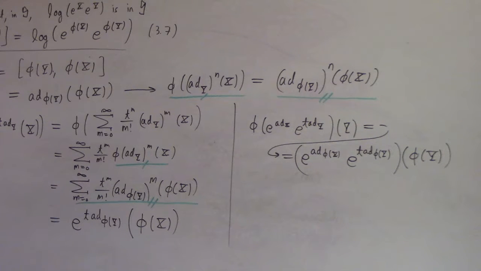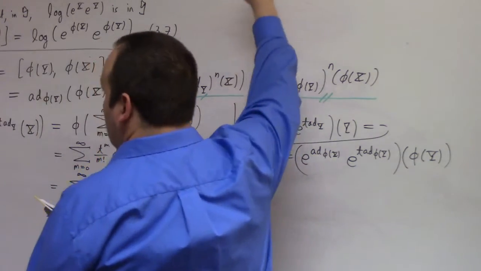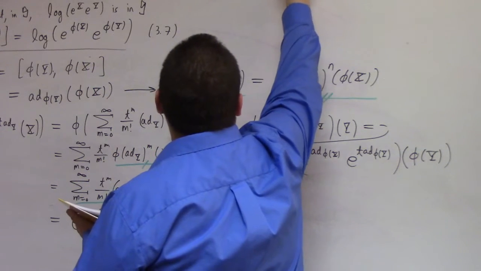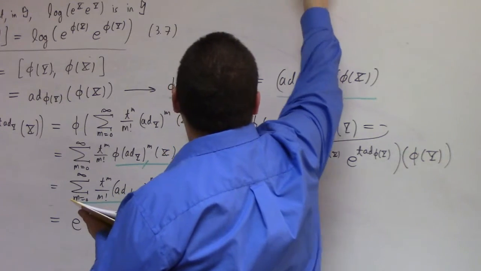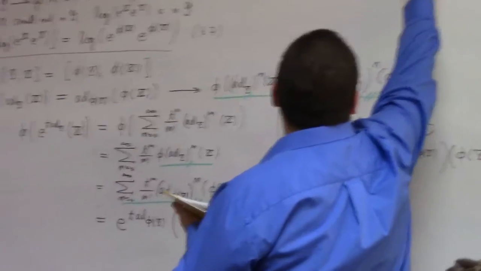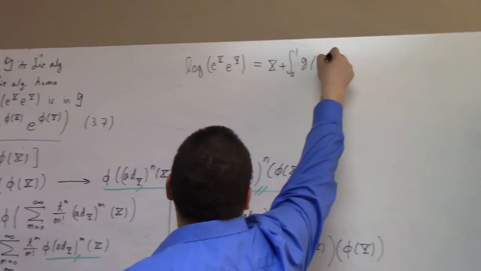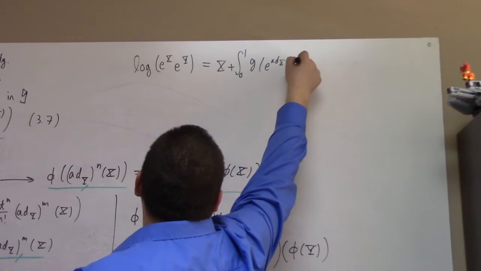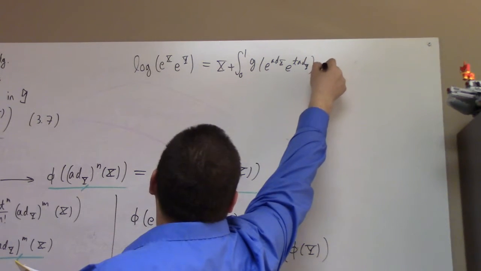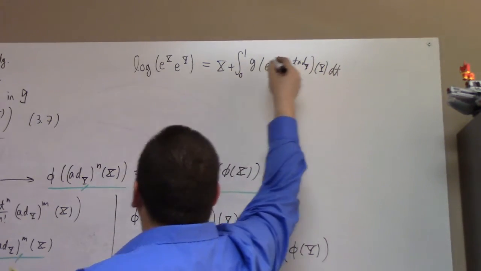Alright, so the idea is we've got these identities for the Lie algebra homomorphisms, right? So our next move is just to go from log of e to the x, e to the y equals x plus the integral from 0 to 1 of g of e to the adjoint x, e to the t adjoint y acting on y dt.